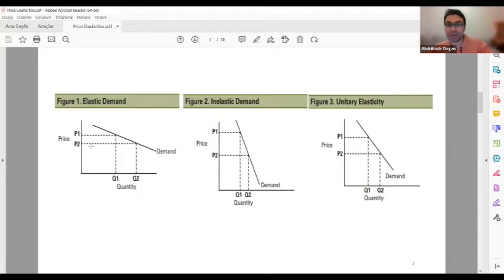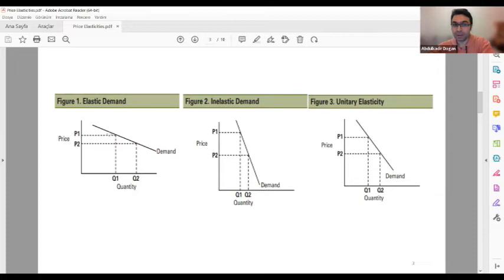But here, what is my formula? My formula is about the elasticity. My formula is this: percentage change in quantity and percentage change of the price. So if I put a numeric number here, let's say Q1 and P1 are 3 and 3, okay, I'm just giving a numeric example, just a basic idea for you to understand the concept.